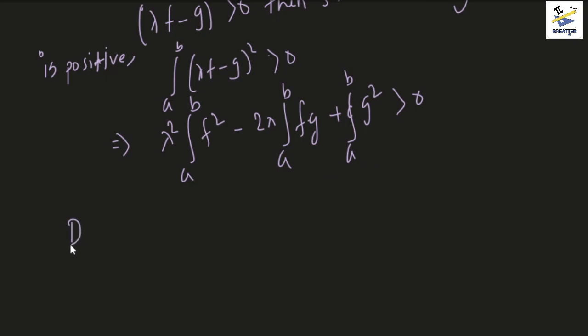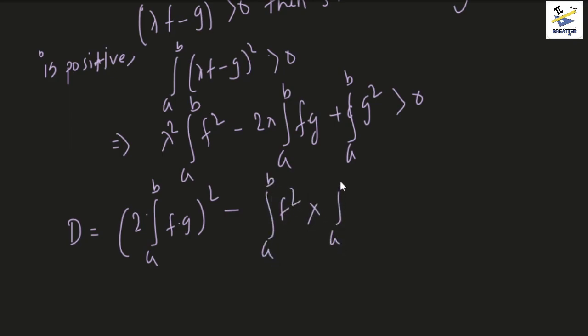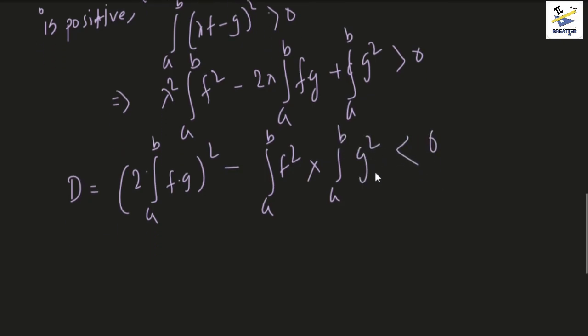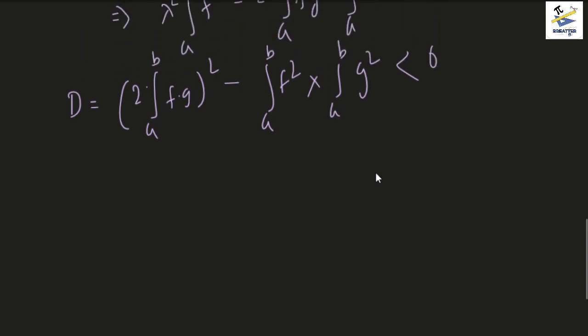So the discriminant D is equal to 2 into the integral of f dot g whole square minus the integral of f square into the integral of g square, and this should be less than 0. It should be 4AC obviously, so it just should be a 4.